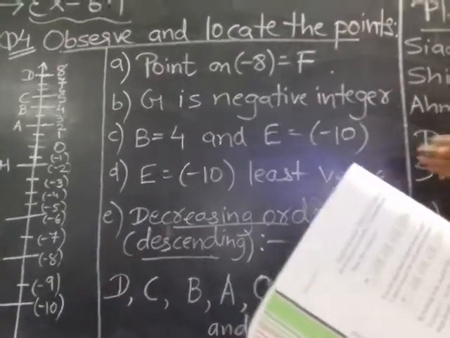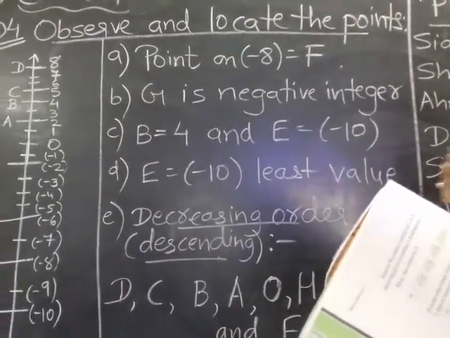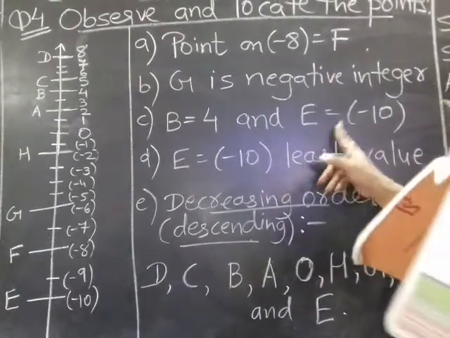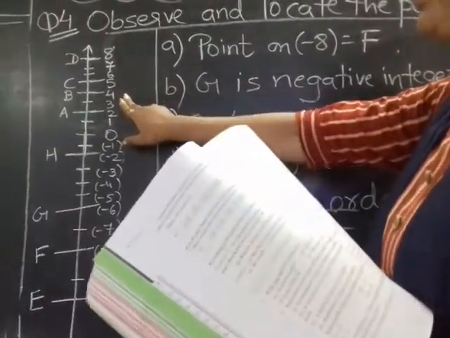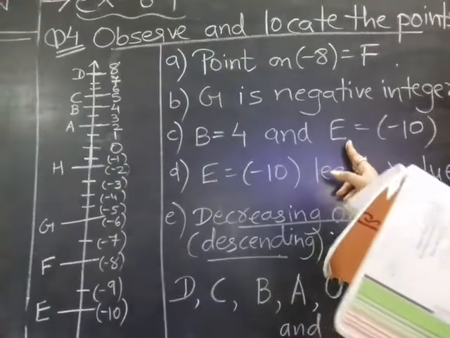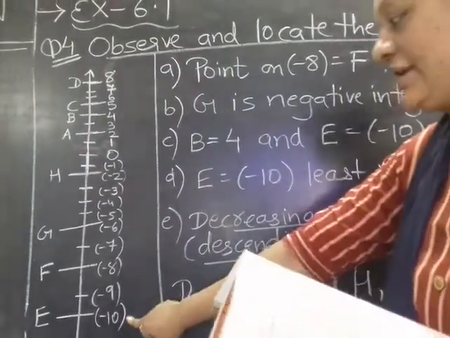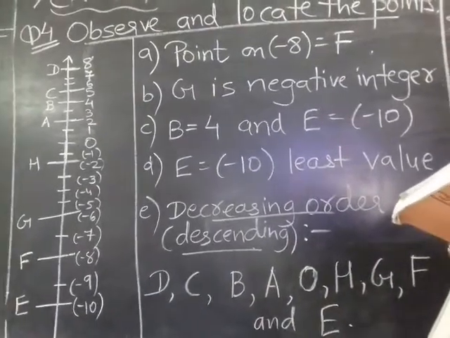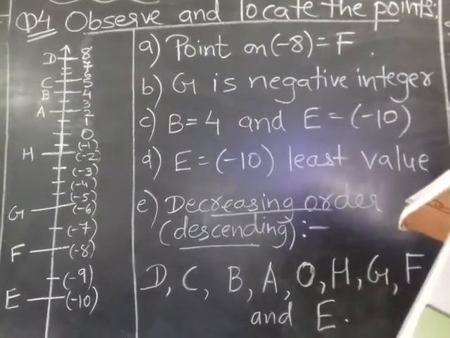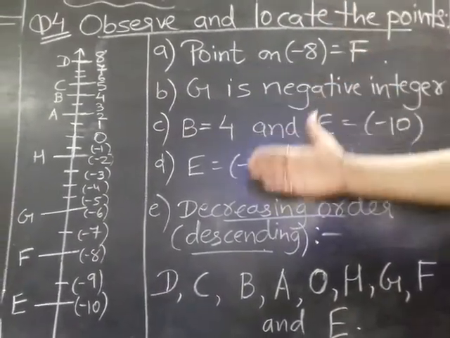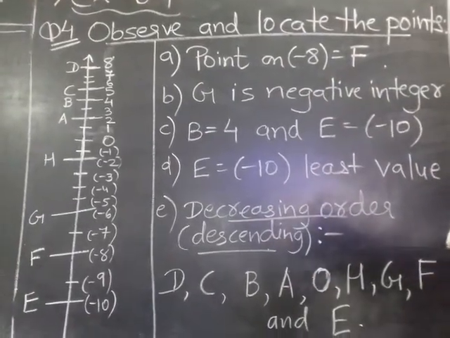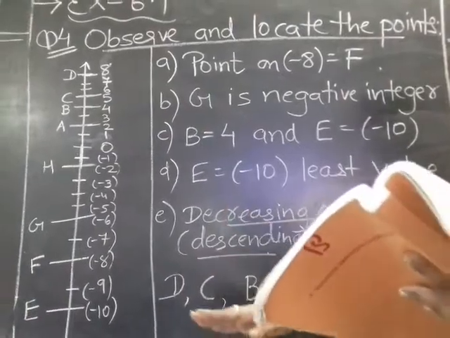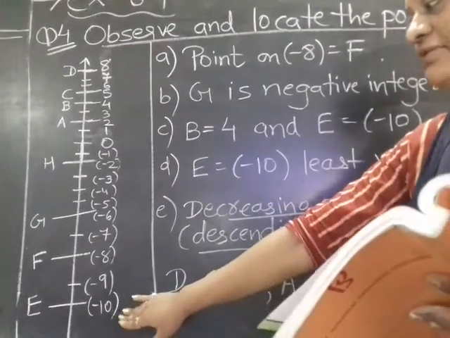Okay, write integers for points B and E. Which are the integers that are indicated on alphabet B and E? So B we are having positive, that is 4, and E we are having negative number, that is -10. Which points marked on this number line has the least value? Least means the smallest value of all these numbers indicated on the number line. So please remember, the smallest one is the number with the negative sign.